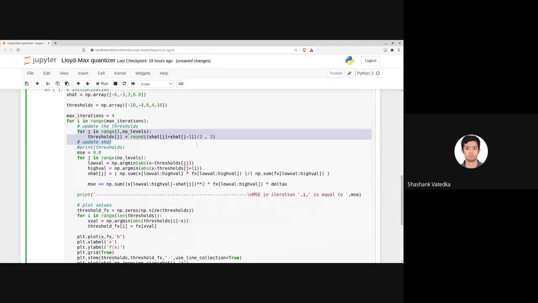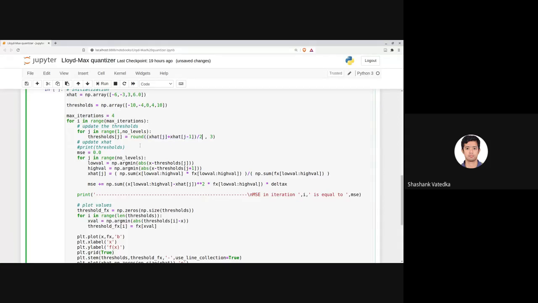I'll first set the alpha i's to be at the midpoint of xi hat and xi-1 hat. So alpha j is x hat j plus x hat j minus 1 divided by 2.